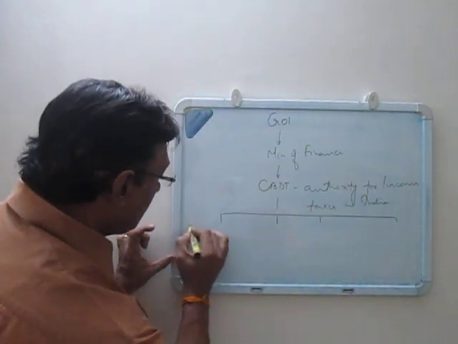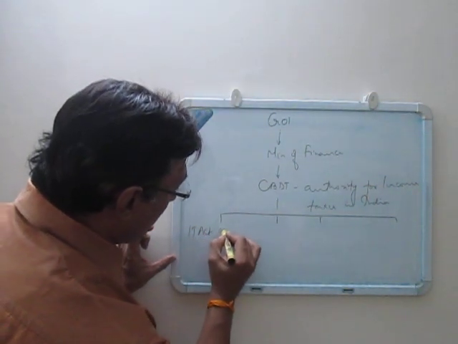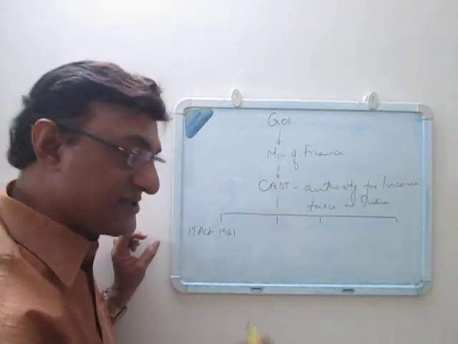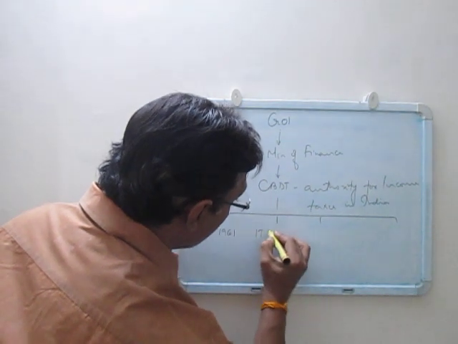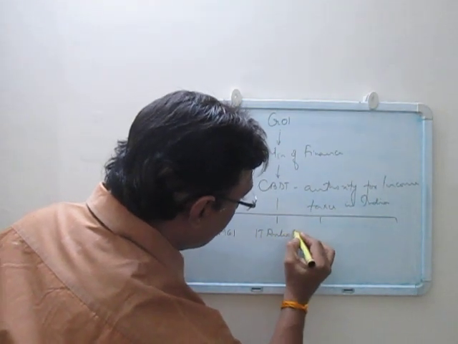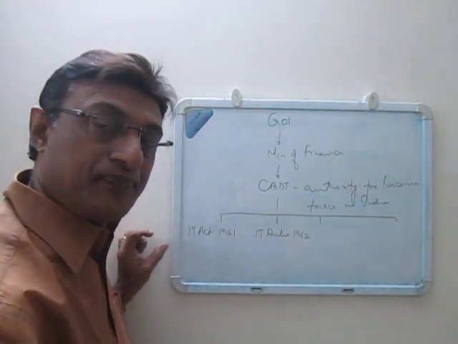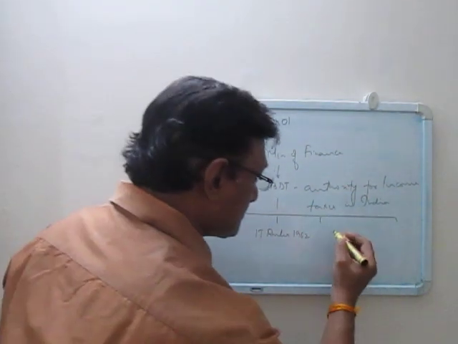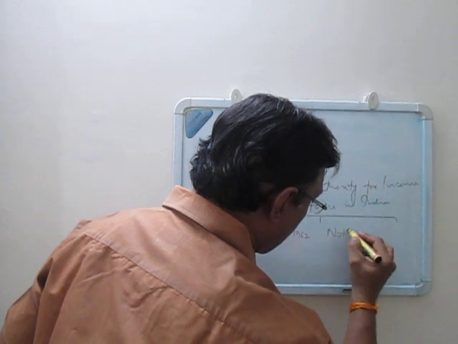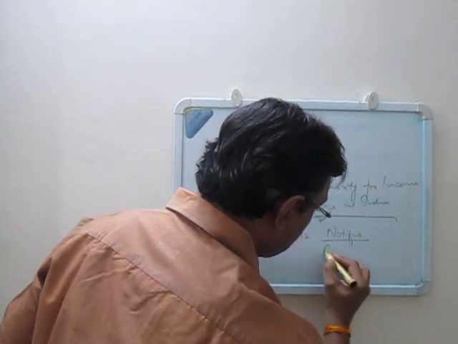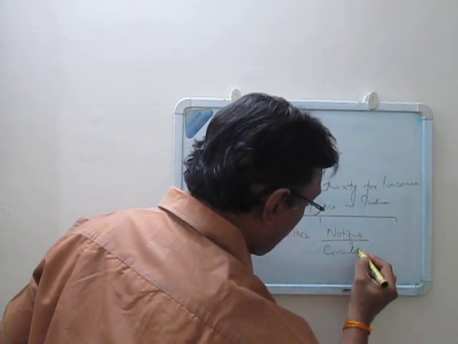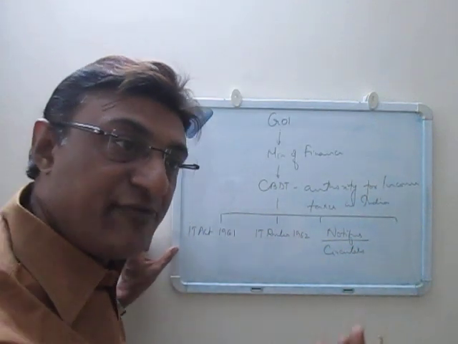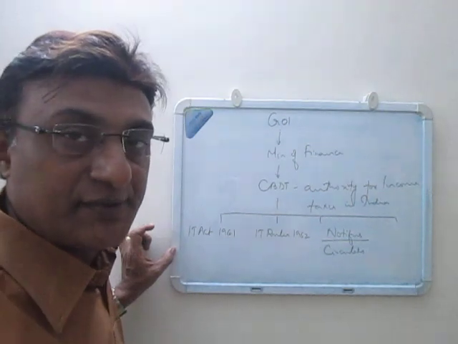One, the Income Tax Act of 1961, called the IT Act of 1961; two, the Income Tax Rules of 1962; three, notifications; and circulars published from time to time, basically for departmental administration.